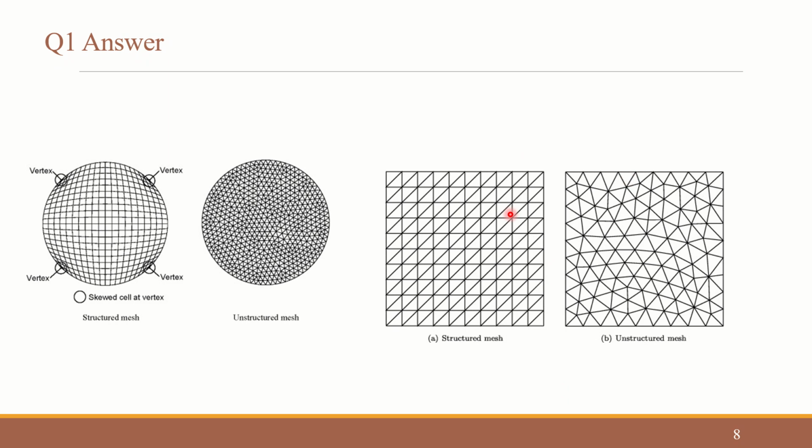So the grid density in the whole domain will be affected. Whereas this is the case of unstructured mesh. You are refining here alone, the density will increase here without it getting affected in this region. So that is the advantage of unstructured mesh.